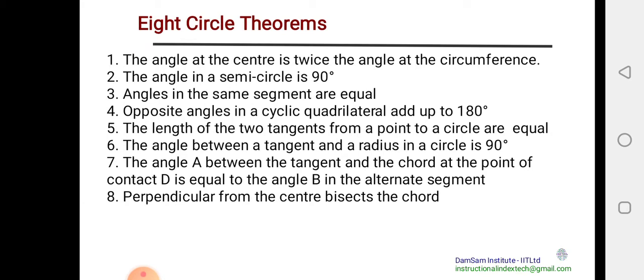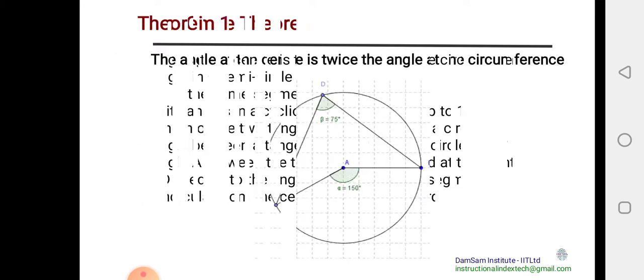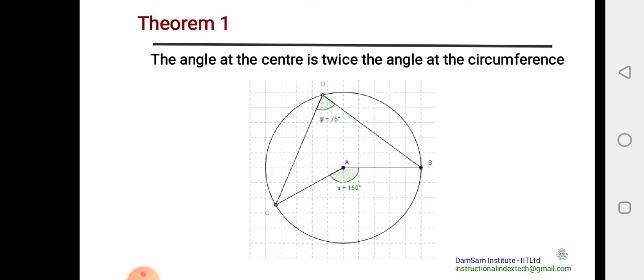Number 1, all the circle theorems are listed here, and we'll be taking them one after the other. The first one: the angle at the center is twice the angle at the circumference. What do we mean by this? Look at point D and point A. Point A is at the center, point D is at the circumference.